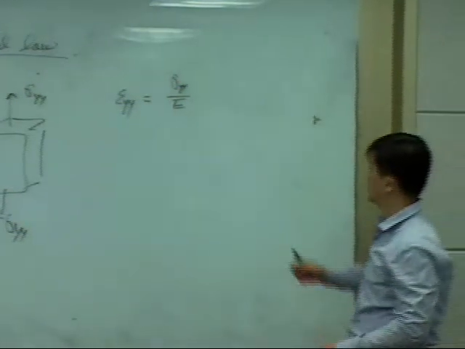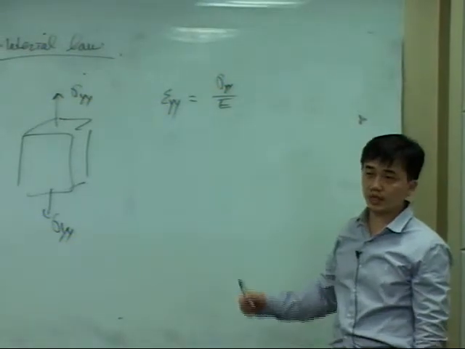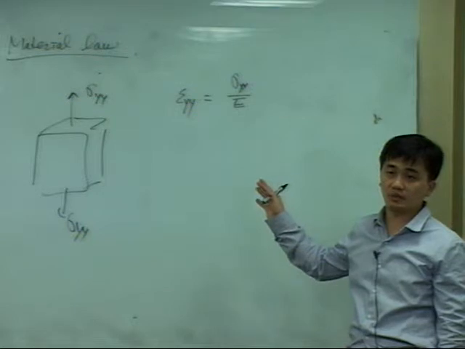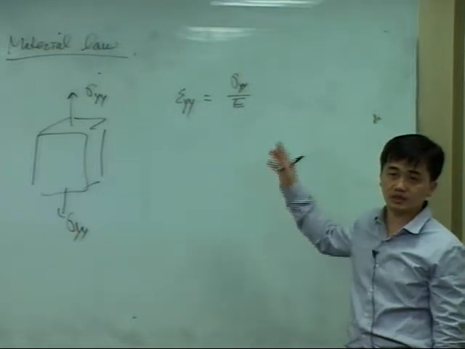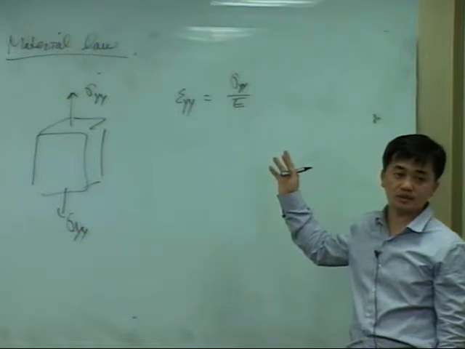We have the same Young's modulus for strain YY and stress YY because the material is isotropic. If the material is not isotropic, this equation does not hold. For example, composite material.